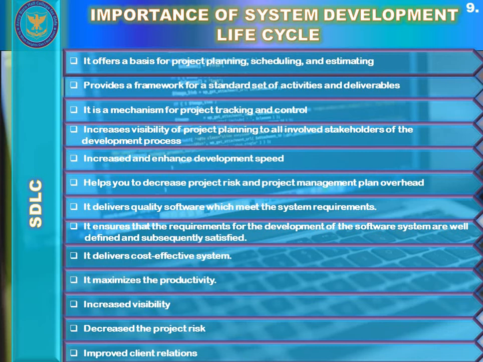So when there are no systematic or sequenced steps or phases adopted by the software development team, then each and every team member would start from the stage or phase of his own choice.